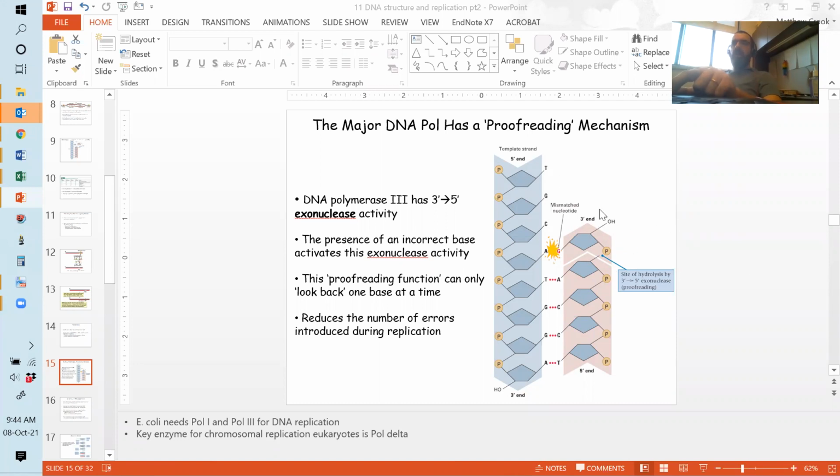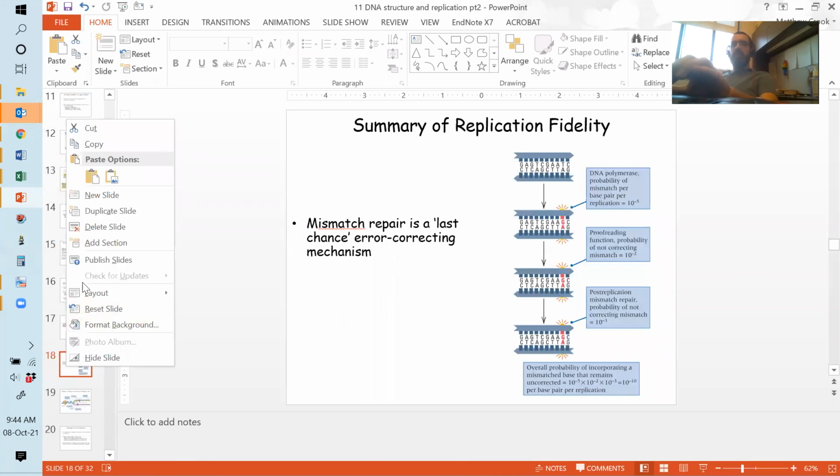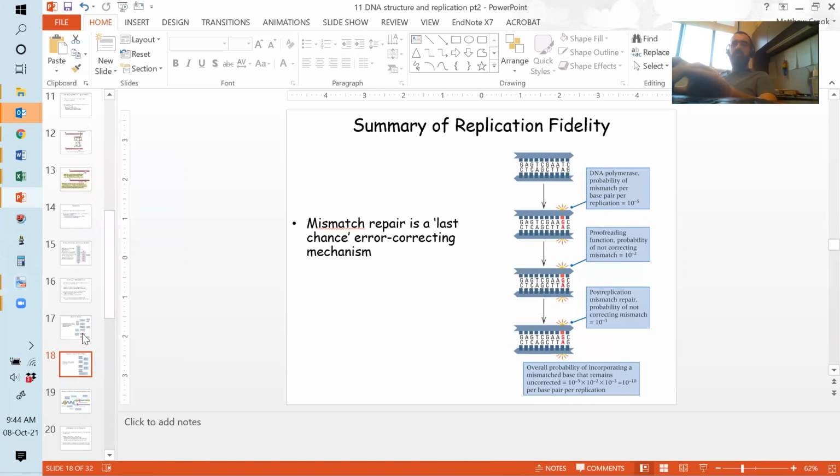And so this proofreading mechanism where the DNA pol goes back and fixes its own mistake increases that to about 1 in 10,000, about 10 to the 5 accuracy. So that'd be basically 1 error in 10,000 bases on average, right? But that still kind of sucks, really, right?